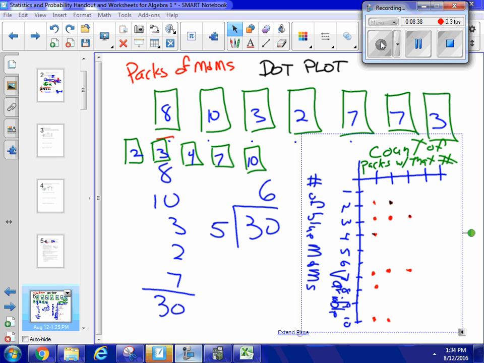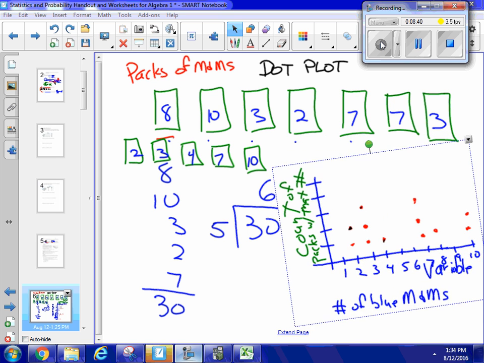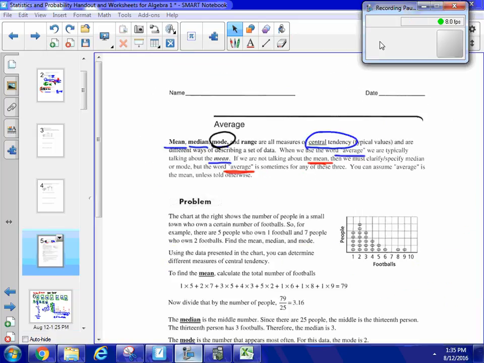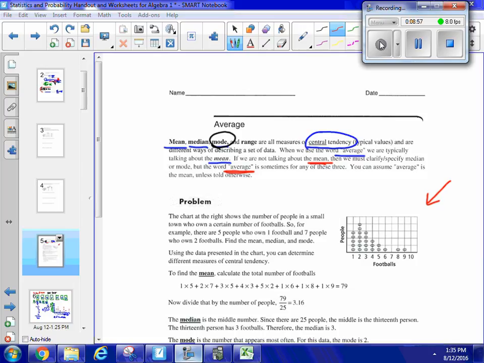So let's go back to our problem here from the worksheet. Well, you can see we have this nice dot plot right here. And in keeping with general convention, but not always convention, the number of footballs per household or per person is on the x-axis, and this really is the count of the number of people who have this many footballs.